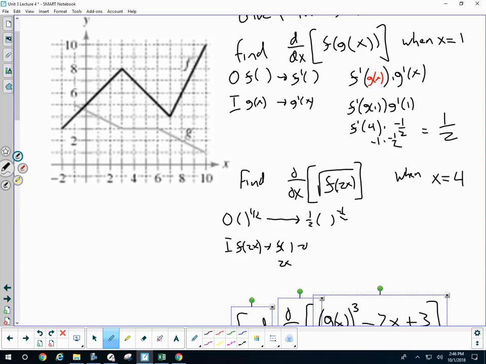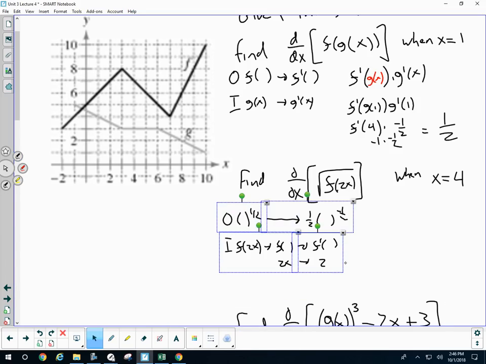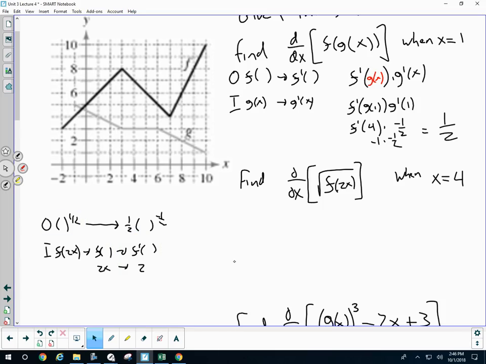The derivative of the inside, f prime of stuff, times the derivative of the innermost piece, 2. So I end up with the following as my derivative: 1/2 stuff to the negative 1/2 times f prime of stuff times 2, fill in the stuff.